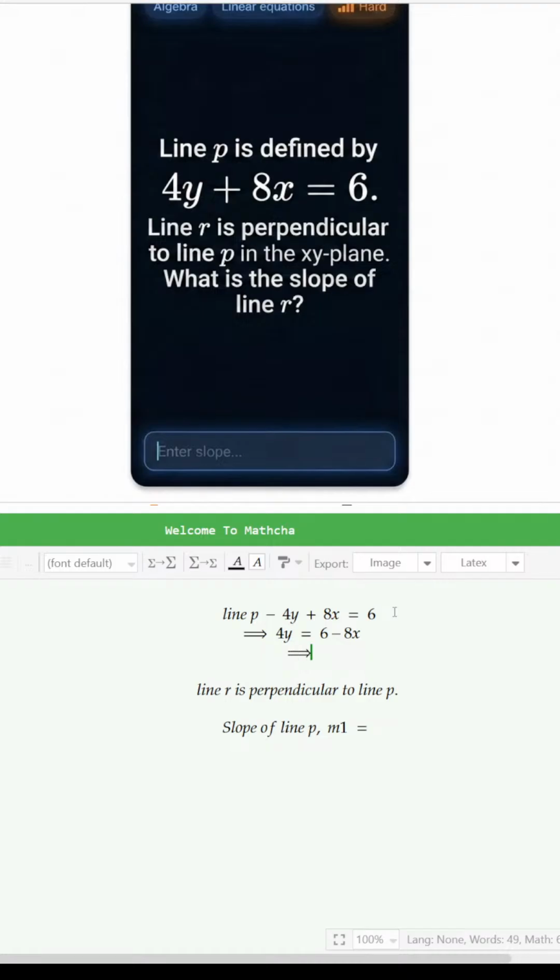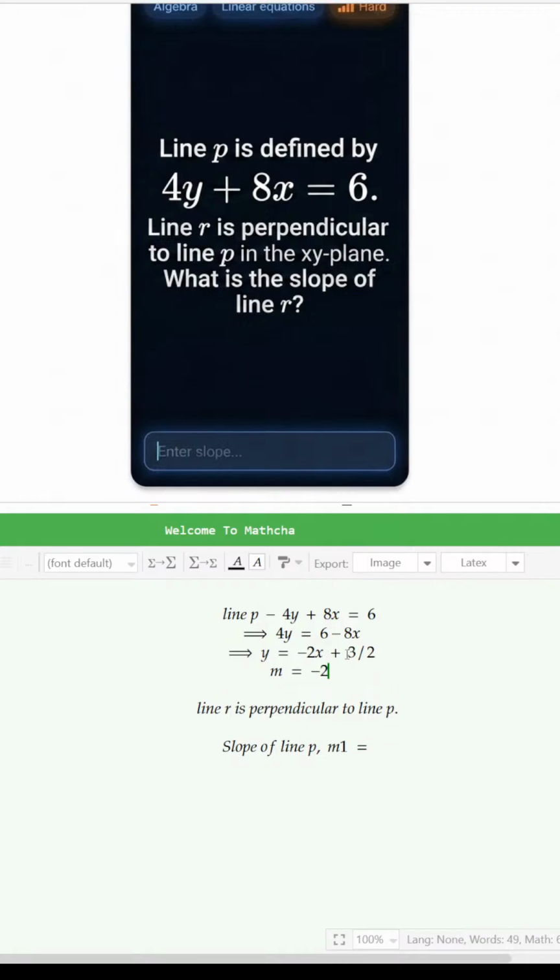That will give us y is equal to minus 2x plus 3 by 2. This is in the form of y is equal to mx plus c, which means that m is equal to minus 2 and c is equal to 3 by 2. So we have the slope-intercept form, and we know the slope of line P, that is m1, is minus 2.